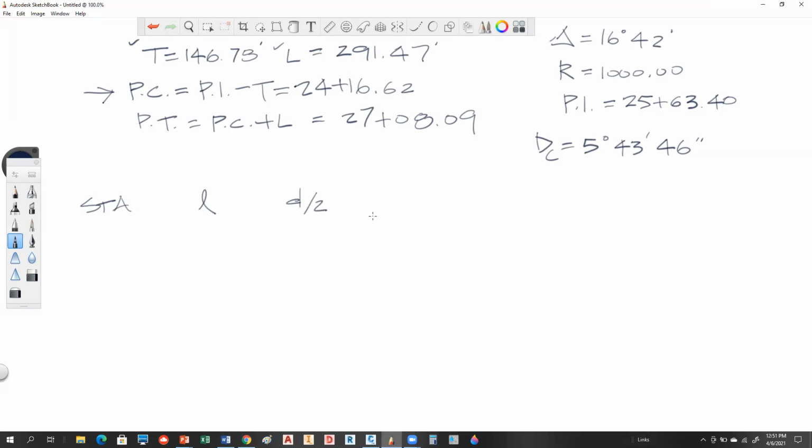We have the d/2 angle, the deflection angle. We need the long chord to each station, and we're going to calculate the short chords. We're going to start where we're occupying, 24 plus 16.62. So we need to know the interval that we're going to cut this curve into.